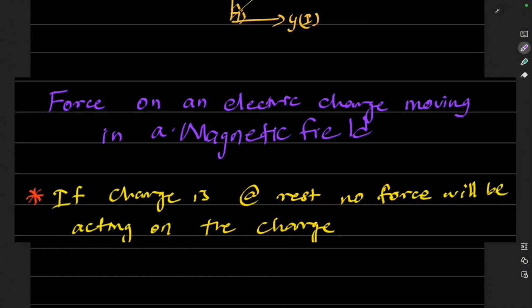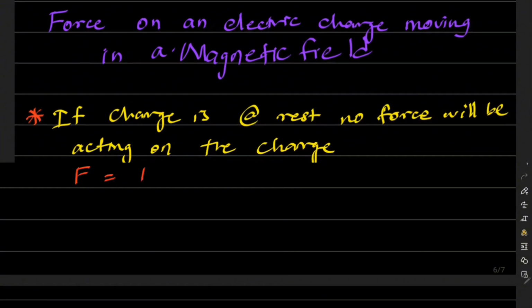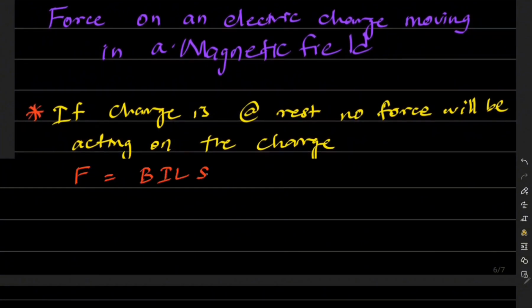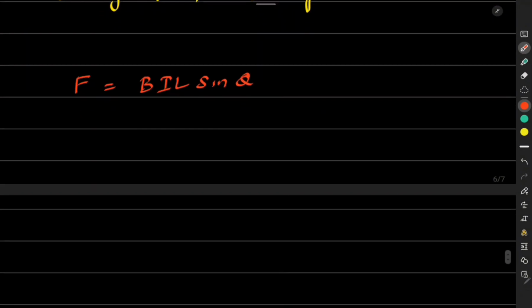Now let's discuss the force on an electric charge moving in a magnetic field. If the electric charge is at rest in a magnetic field, there will be no force acting on it. The equation F equals BIL sine theta is the force due to the magnetic field.